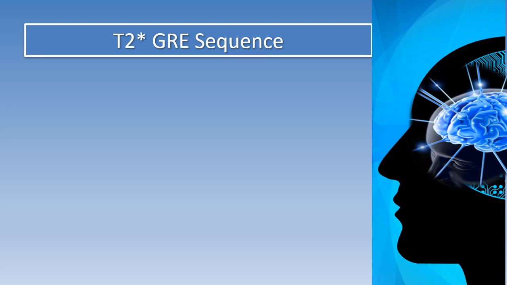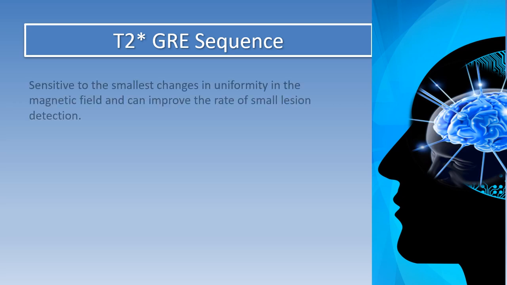So what about the T2 star gradient sequence? T2 star gradient sequence is sensitive to the smallest changes in the inhomogeneity of the magnetic field, and it can improve the rate of small lesion detection. For example, if you have a lesion with microbleeding containing oxyhemoglobin, or lesions with iron deposition, all these structures have a paramagnetic field, so they produce inhomogeneity of the field.